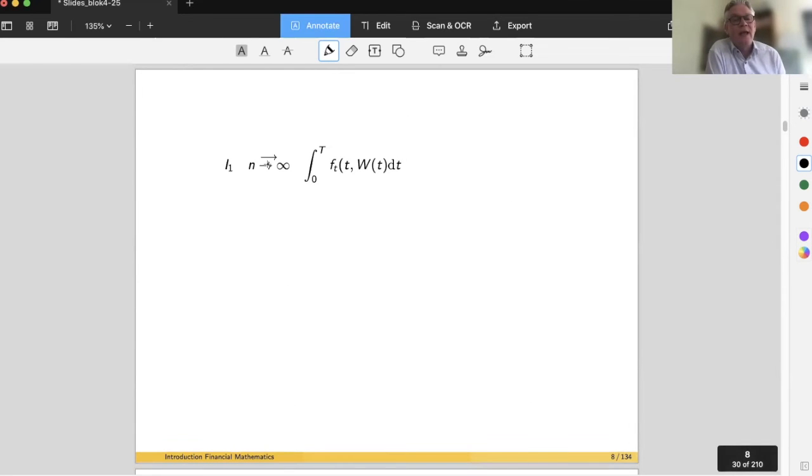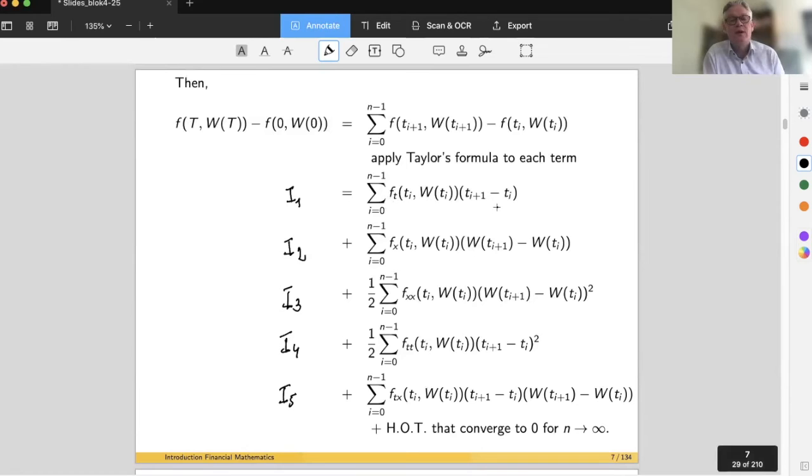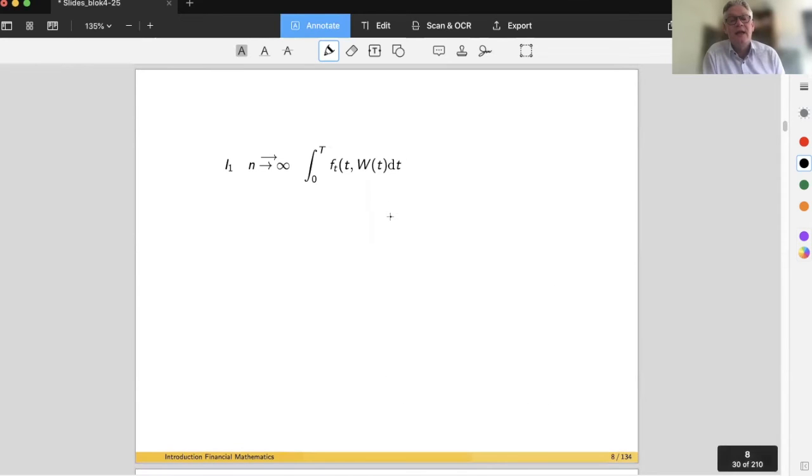I1, when n goes to infinity, recall that is this one, a regular Riemann sum if you wish, df dt times this increment, and that indeed converges to the integral from 0 to t of ft dt.